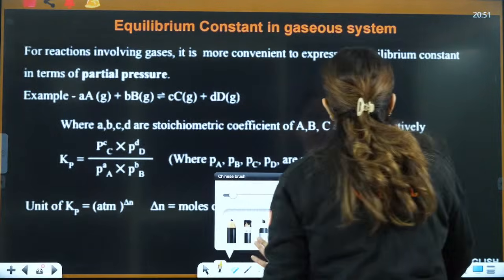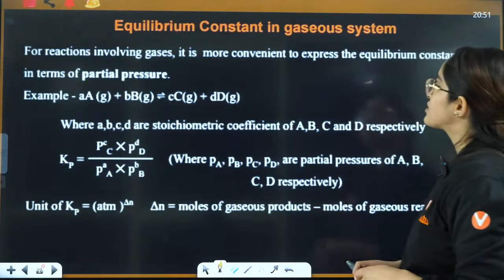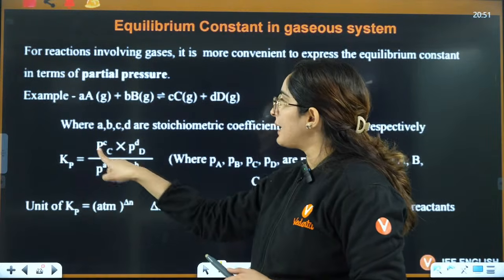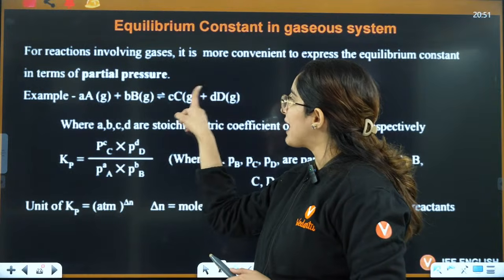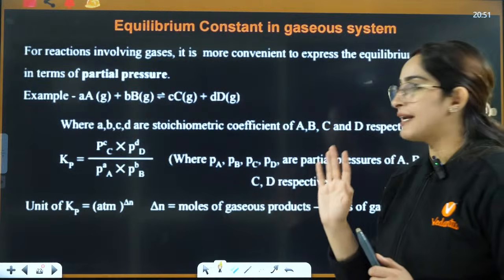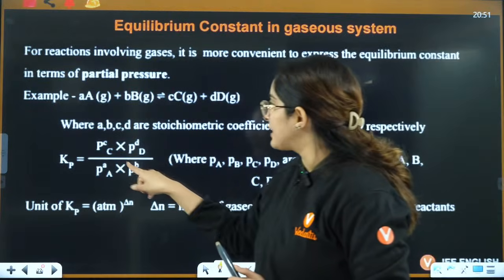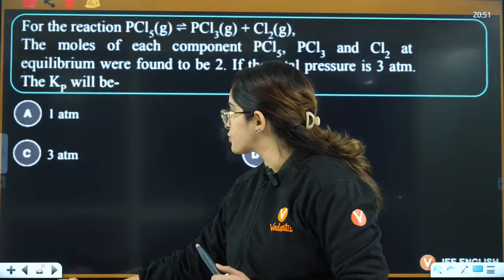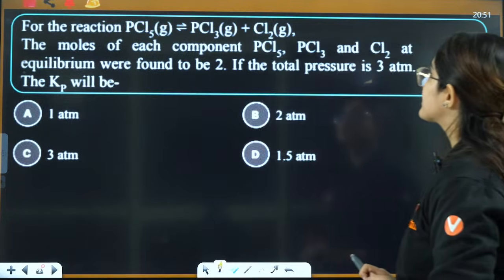Then we also know that for the equilibrium constant in a gaseous system, if you have all the gases here, then Kp will be defined for every single component in reactant and product, like Pc raised to power c, Pd raised to power d, Pa raised to power a, and Pb raised to power b, right?